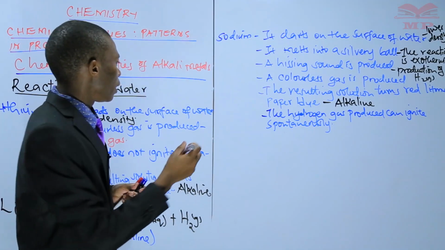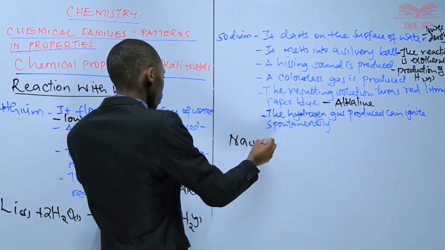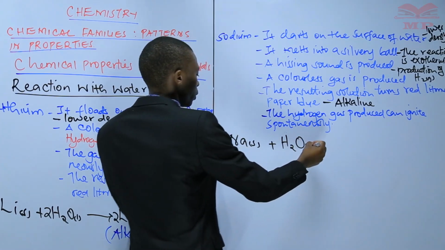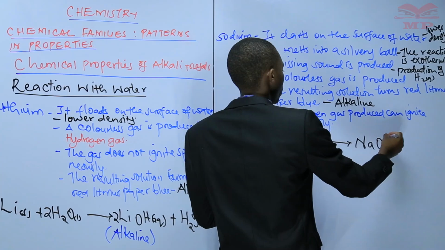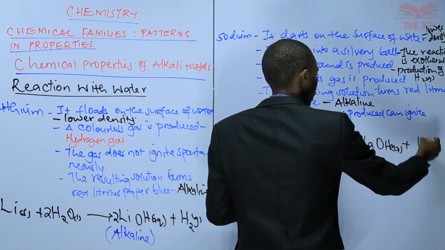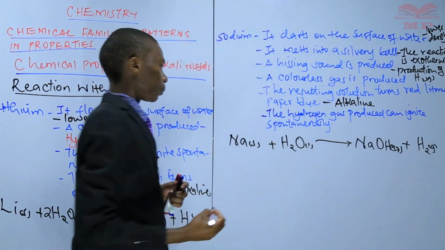And therefore, the equation for the reaction will be sodium, which is a solid, reacts with water, which is a liquid, leading to formation of sodium hydroxide, a solution, or what you call aqueous, and hydrogen gas is produced.